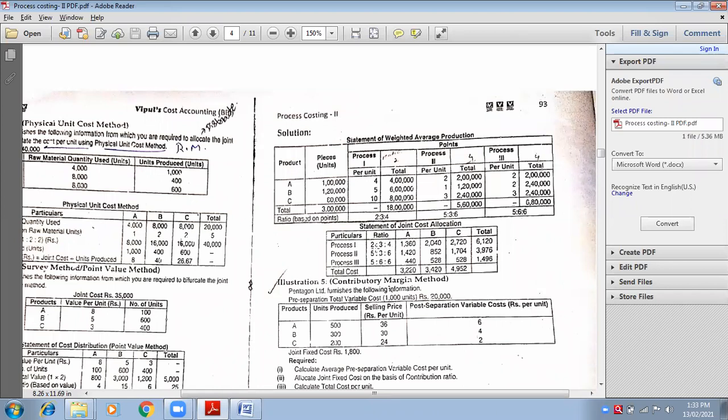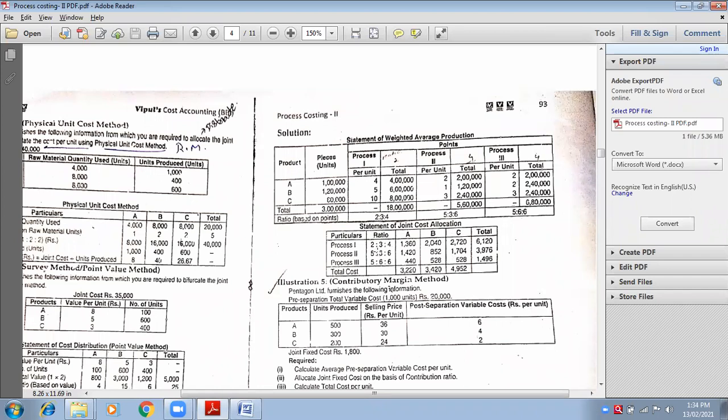Yes, ma'am. 3 is equal to, come on quickly, 2,040. And 4 is equal to, guys, you just have to press 4 is equal to. 2,720. So these are the figures that are appearing on the screen also.